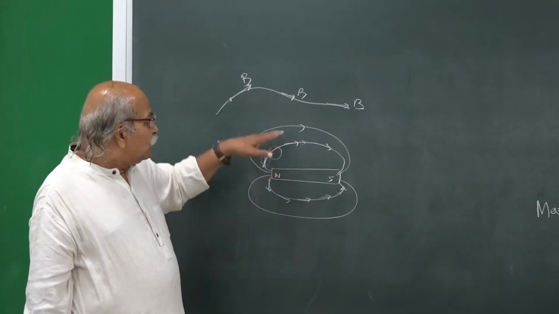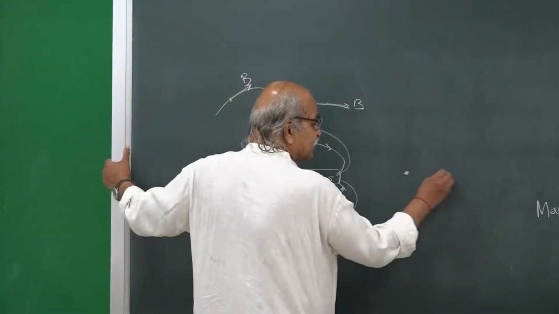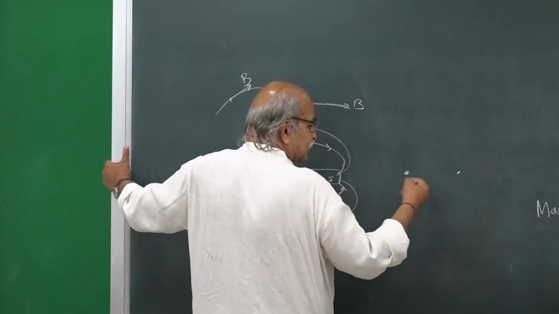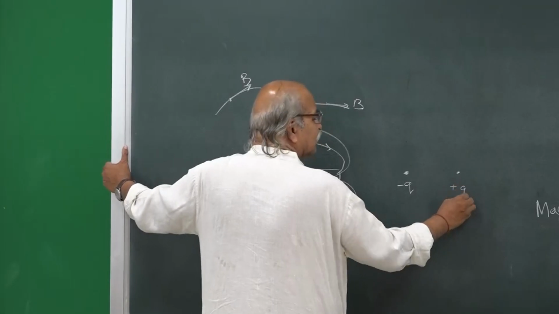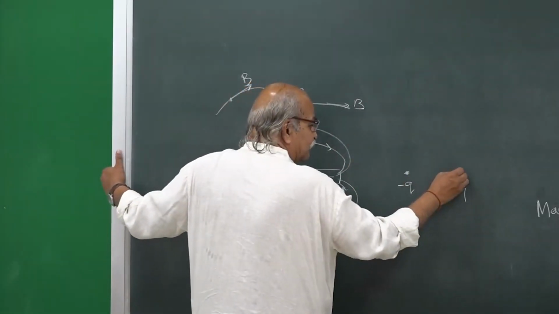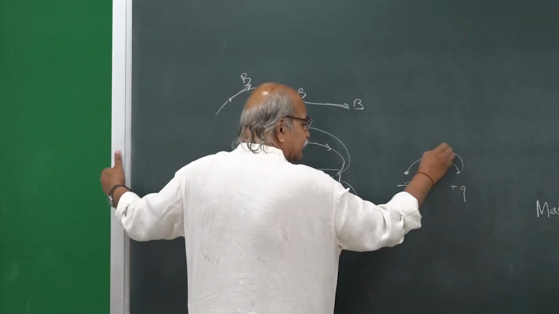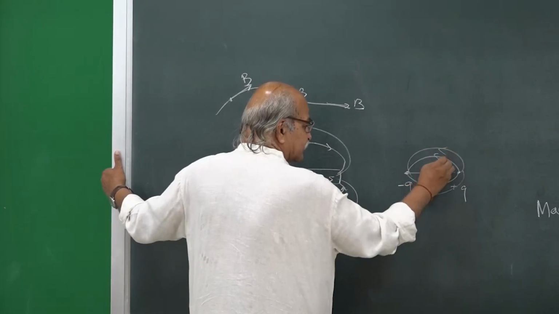Okay. An electric field also you must have at least studied, if not drawn experimentally. It is more difficult: minus q, plus q, or any charge distribution, and then the field lines are like this.